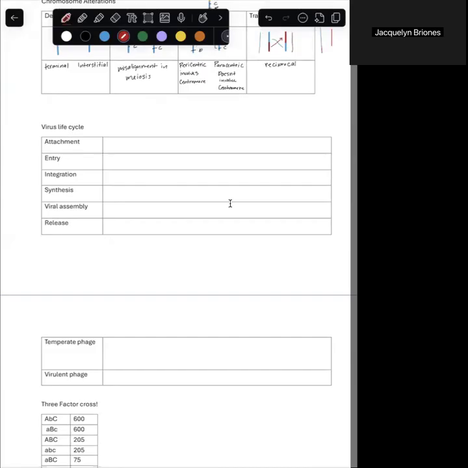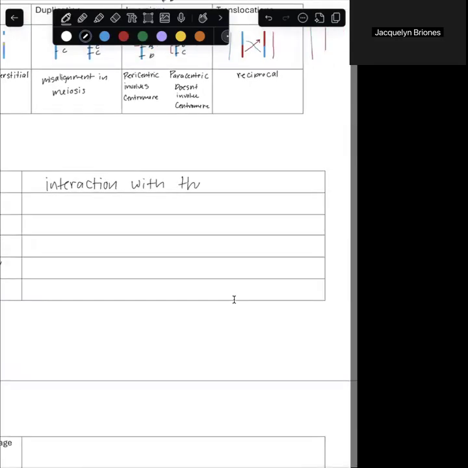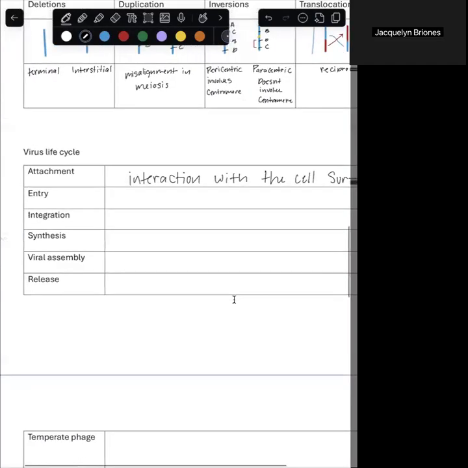So attachment, interaction with the cell, entry, just enters the cell.